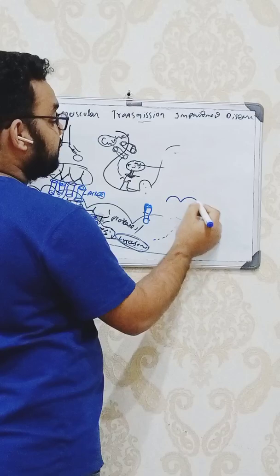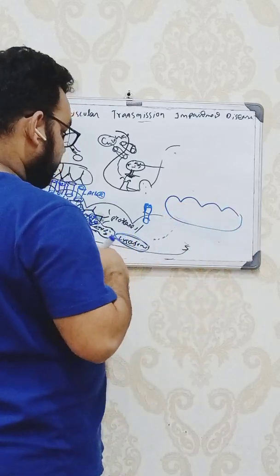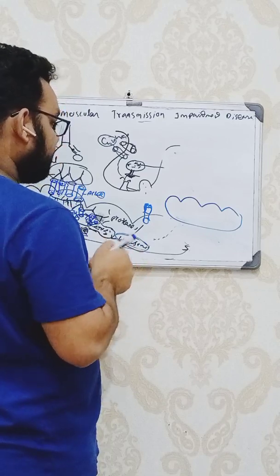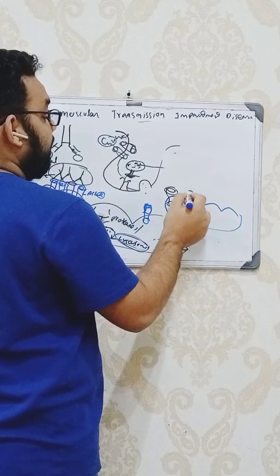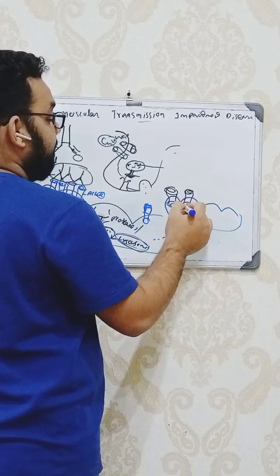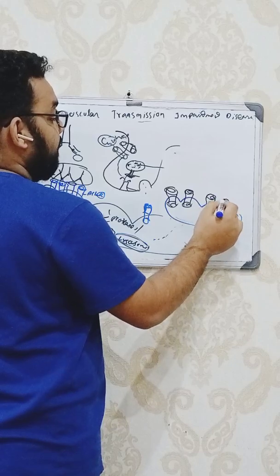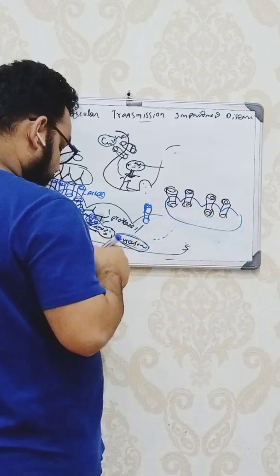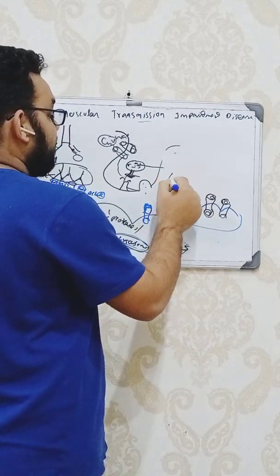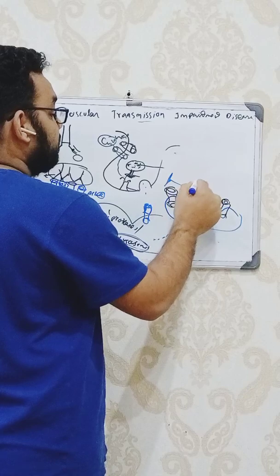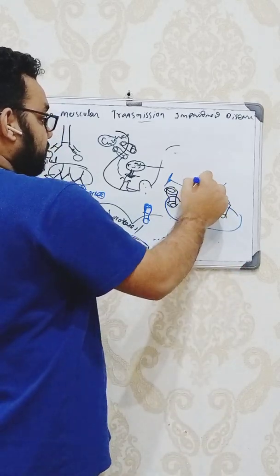Let's suppose the muscular part, and here we know that the acetylcholine receptors are here. Now, whenever these IgG antibodies come here, okay, this is the one function.